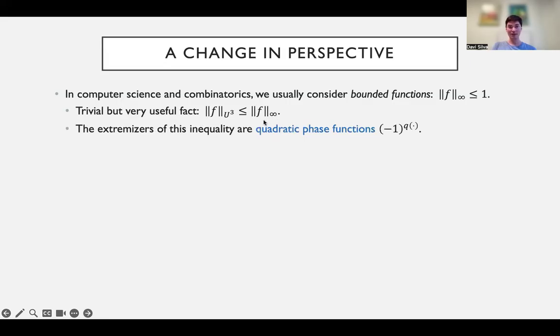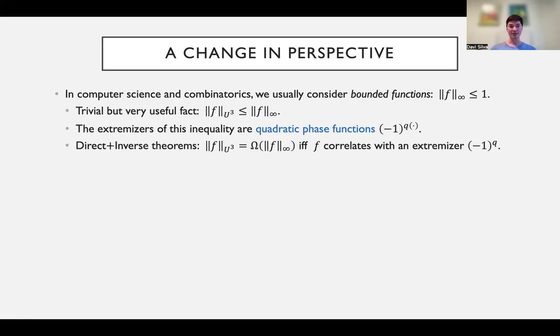And the extremizers of this trivial inequality are, for real functions, precisely quadratic phase functions (-1)^Q, where Q is a quadratic polynomial over F2^n. And then the direct plus inverse Gowers theorems say that the U3 norm of a bounded function f is almost as large as it could possibly be, because of its boundedness, if and only if f correlates well with an extremizer, (-1)^Q, a polynomial phase function.